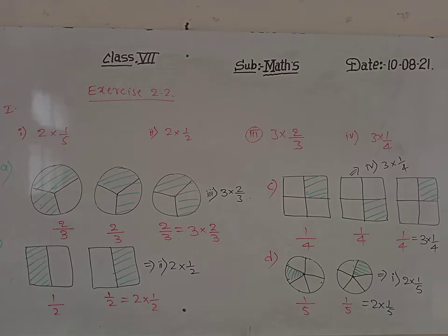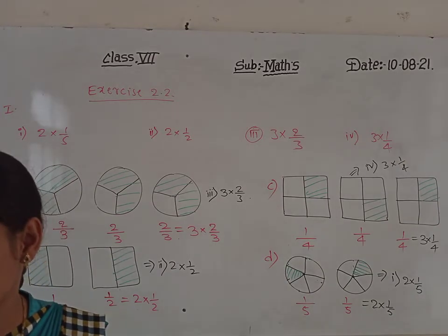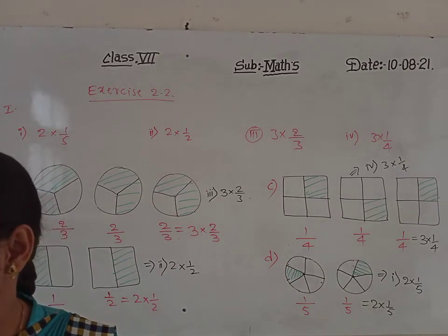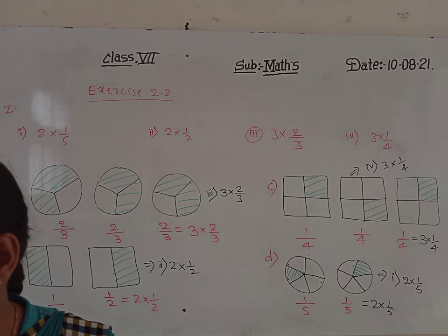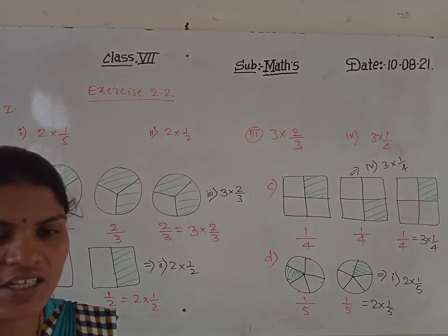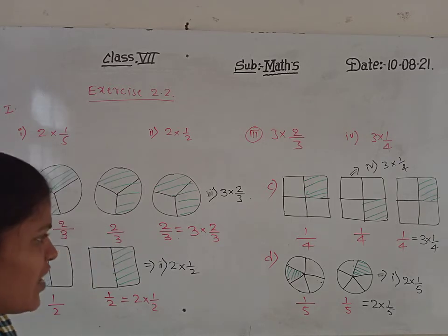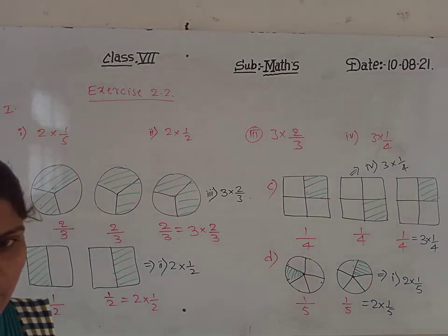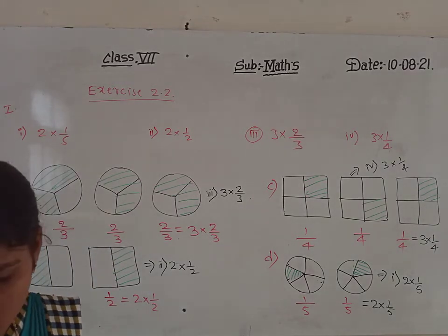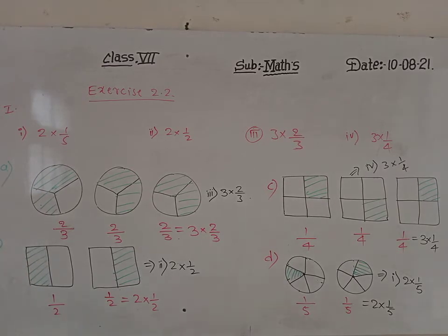It is the same as the first question. Are you able to solve it, or do I need to explain once again? Again 3 diagrams, 3 fractions. Yes, take it now.